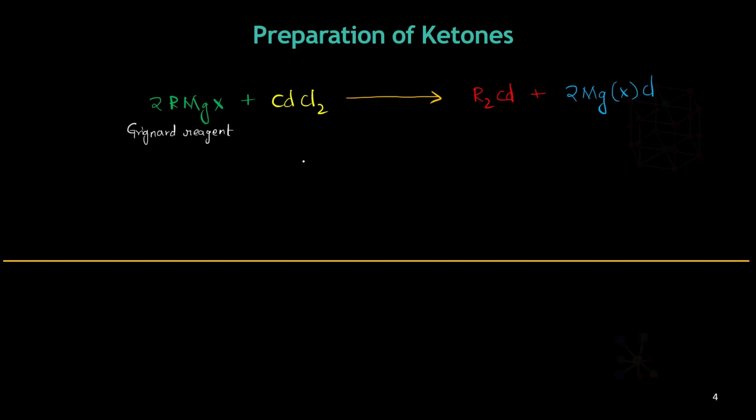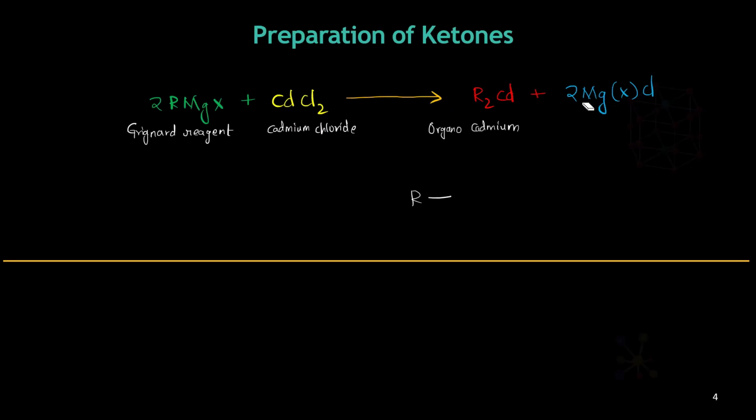CdCl2 is nothing but cadmium chloride. And it will form the product R2Cd, which is the organocadmium. R is nothing but an alkyl group, so this is called organocadmium.